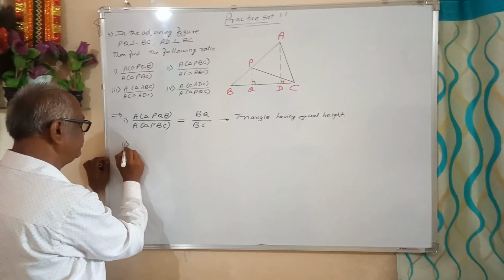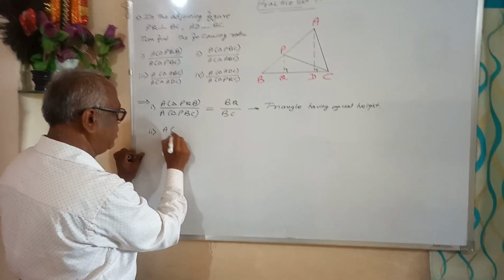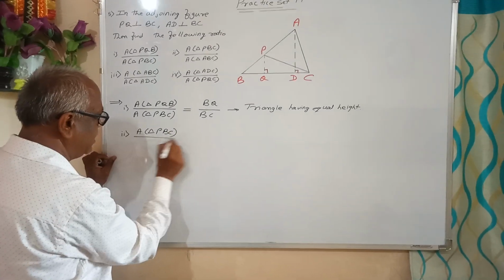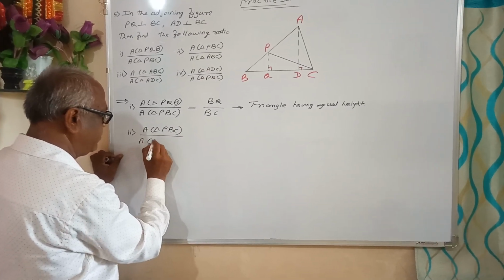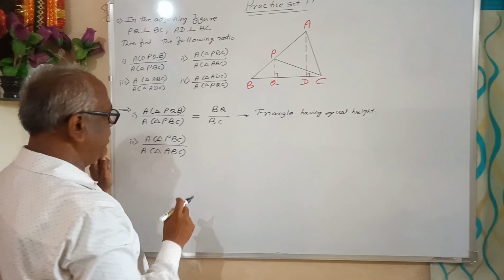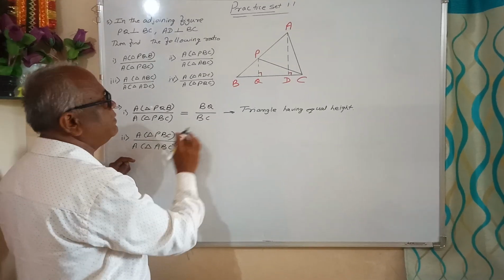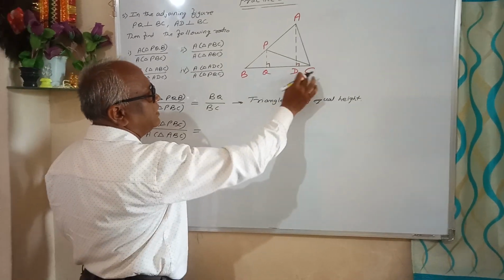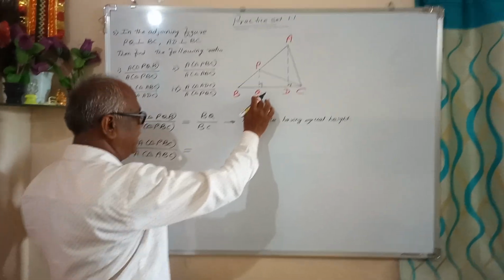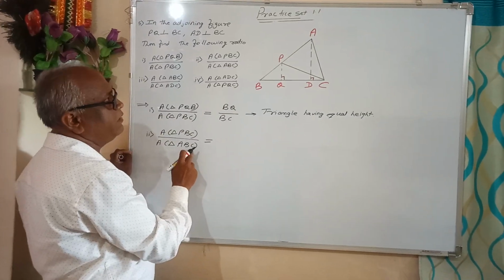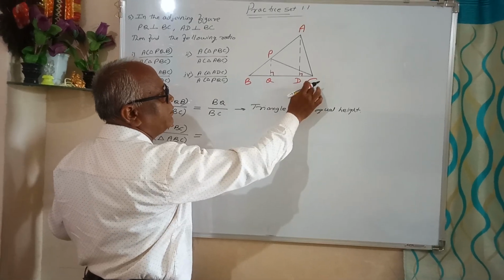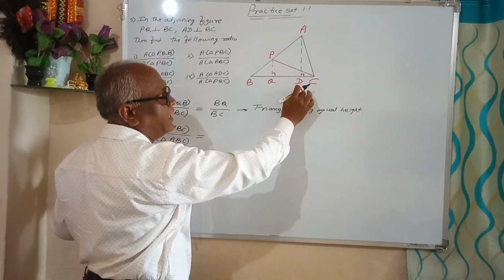Second ratio, that is area of triangle PBC upon area of triangle ABC. Now in the area of triangle PBC, BC is the base, PQ is the height. Now in triangle ABC, BC is the base, AD is the height.